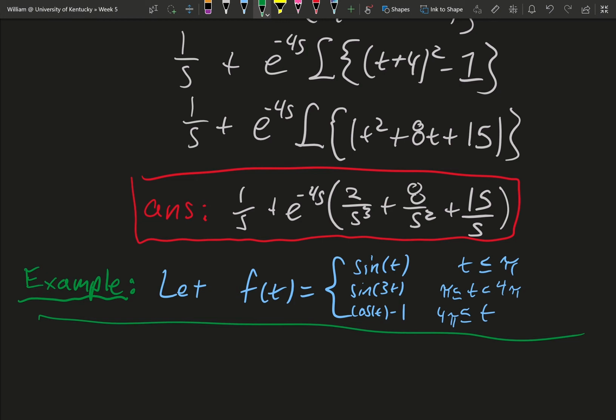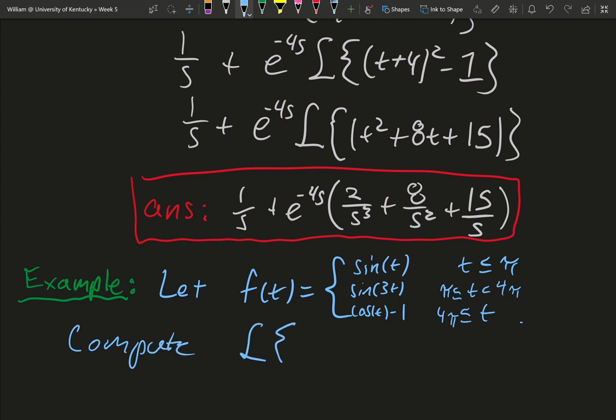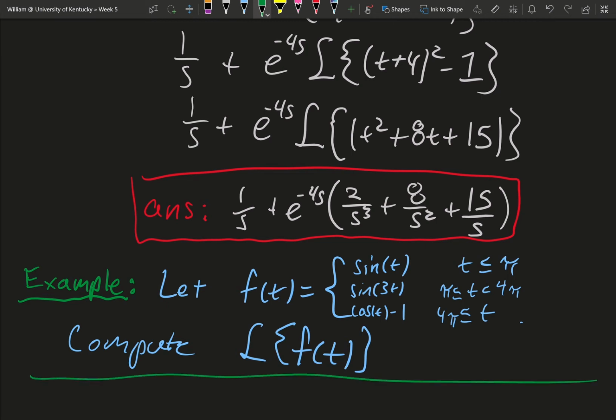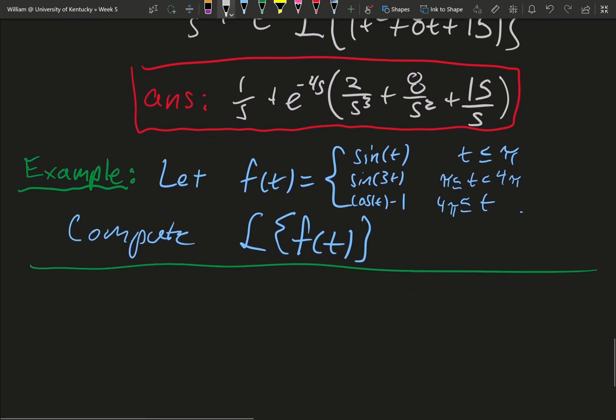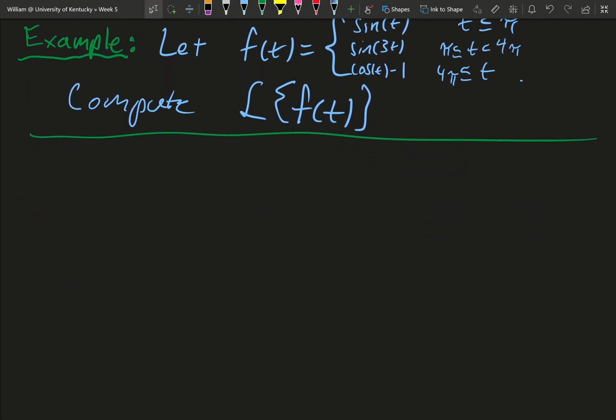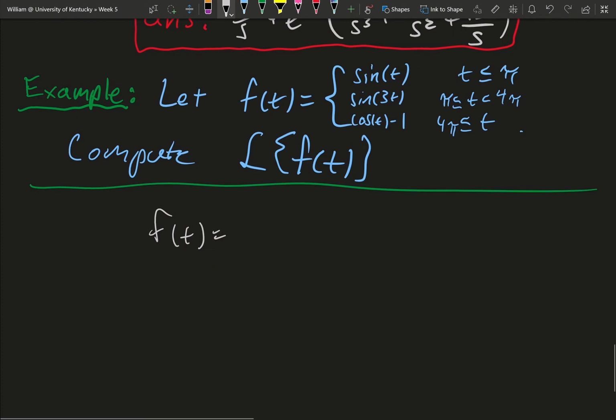Oh, and I didn't say what we're doing. We're computing the Laplace transform of this. So we know we're going to start off with sine of t not attached to any Heaviside.